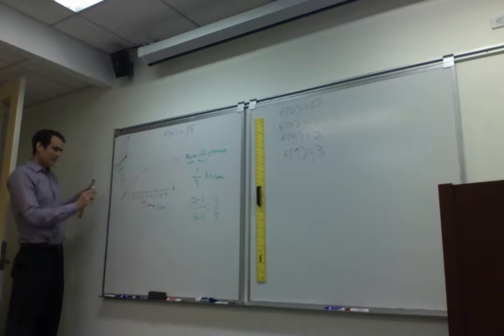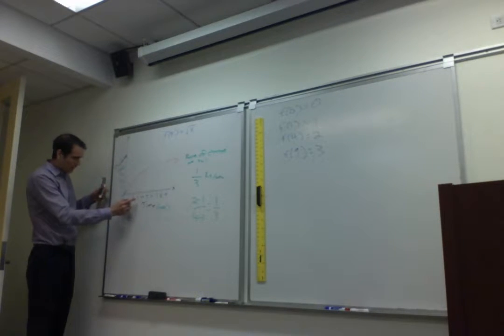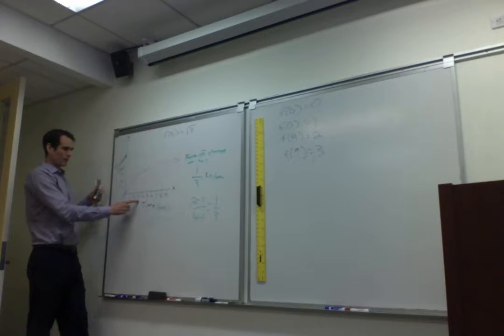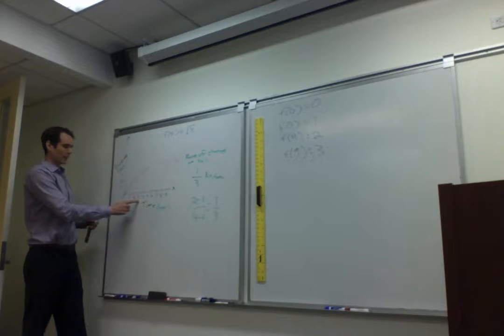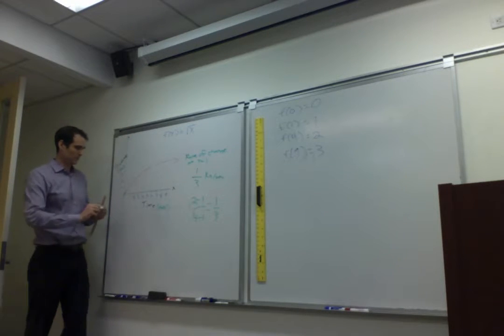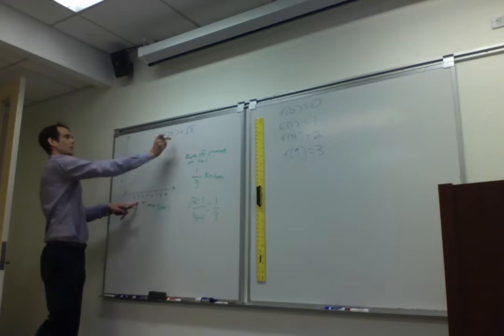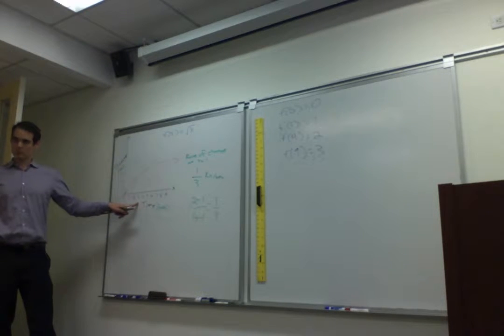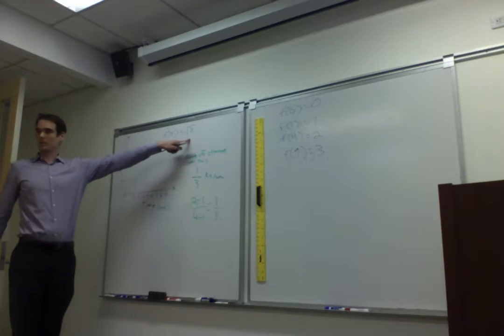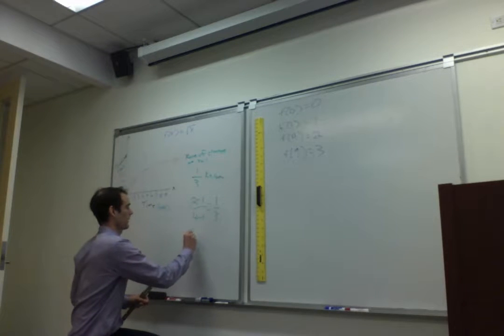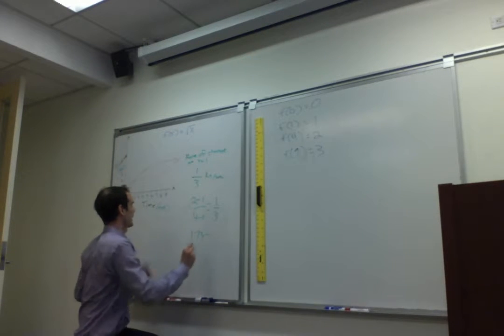So let's go to the rate of change from 1 to 3. What is the y value at time equals 3? If we were to put 3 into this function, what would it spit out? 1.73.